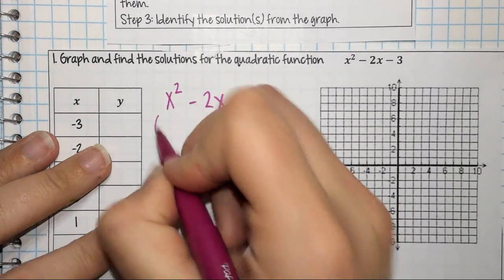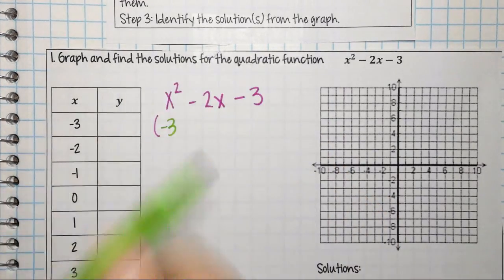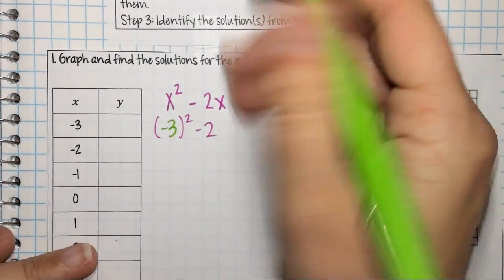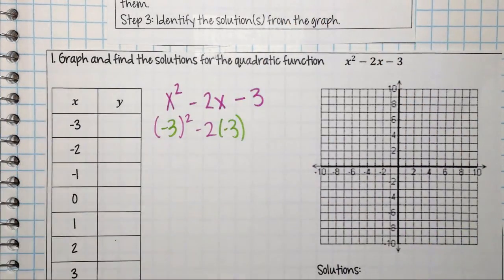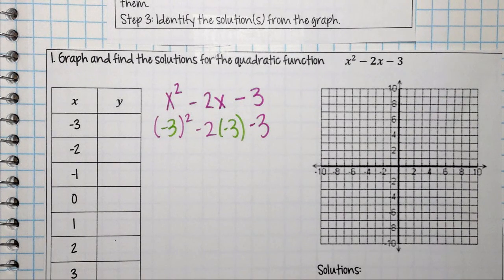Alright, so we have negative 3 squared minus 2 times negative 3 minus 3. And we're going to work that out.